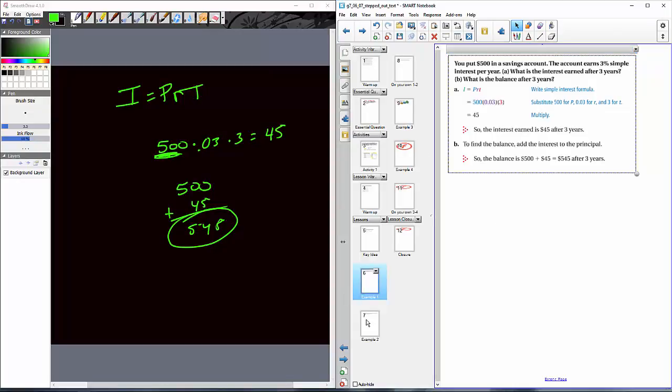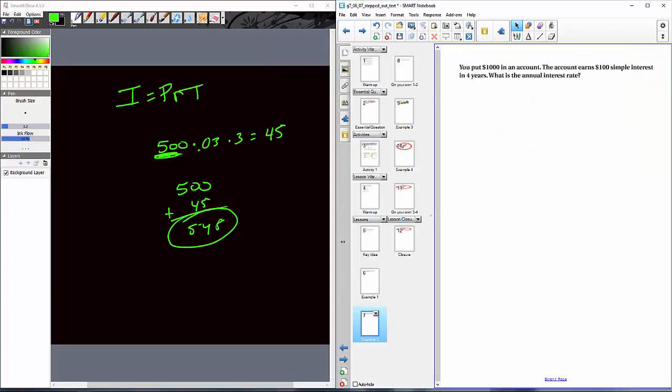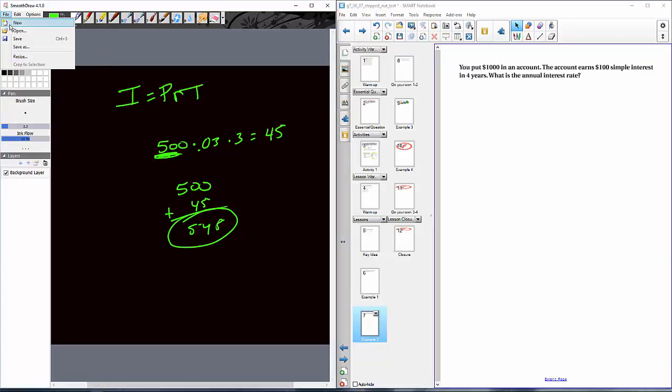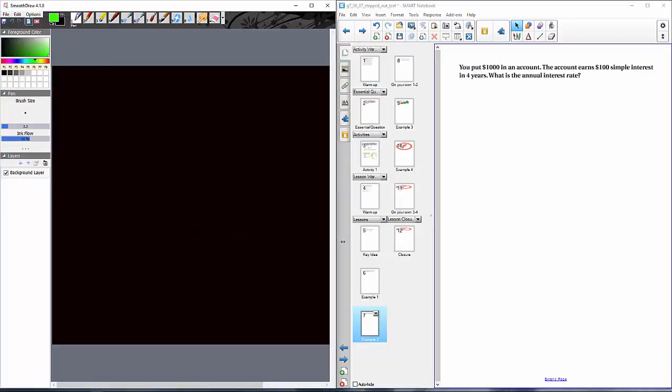So let's try the next one. So for example 2, I'm going to get rid of this stuff here, and I'll just do I equals P times RT. And I have $1,000 in my account, and it says it earns $100 of interest, so I'll put down equals 100. And then it says in 4 years, right? And I don't know my R, and my T is 4 years.